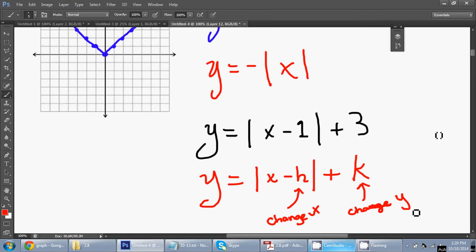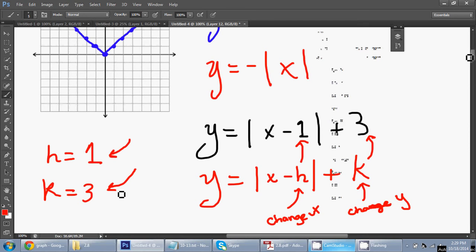That's going to make sense in a minute. So in this previous equation we have h is equal to 1 and k is equal to 3. That means I'm changing the center of the graph, its x value, by 1, and I'm changing its y value by 3.